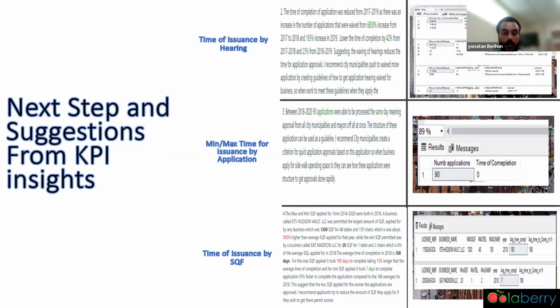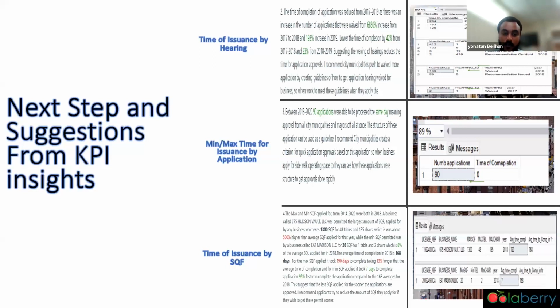So the municipalities would use that as a guideline to create guidelines for these businesses to follow, so that these businesses understand how to structure their applications to be able to get waived from the hearing process. Another thing that I was able to find, from the minimum and the max times of issuance, was some amazing, or you can almost say crazy, outliers.